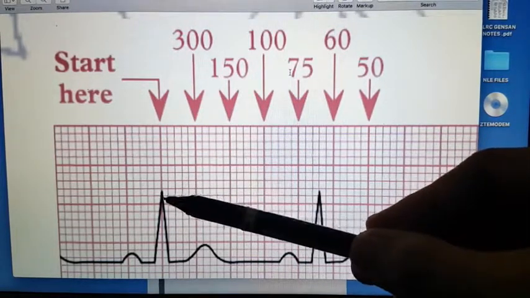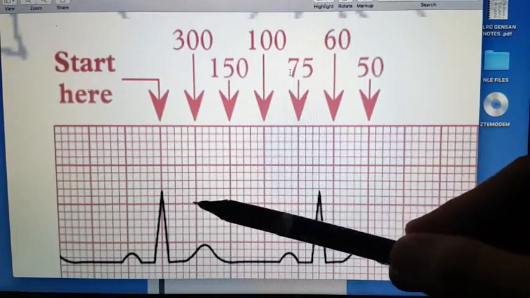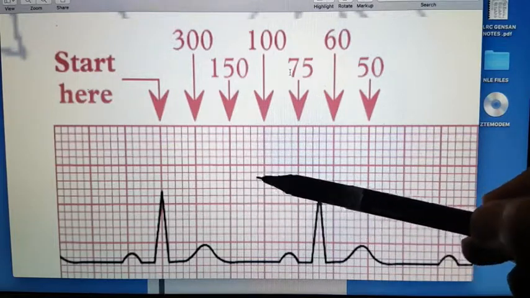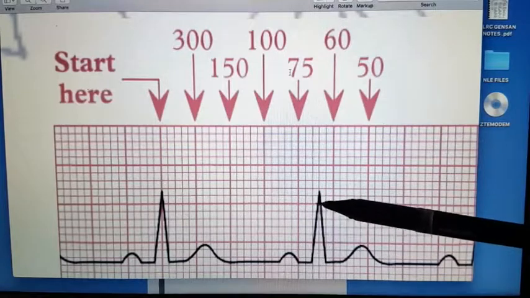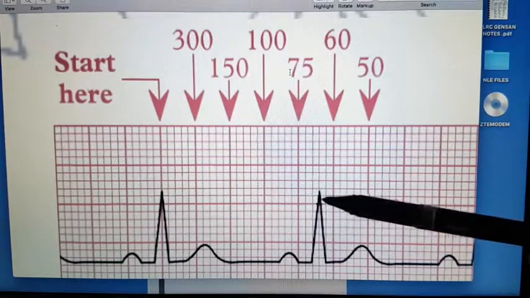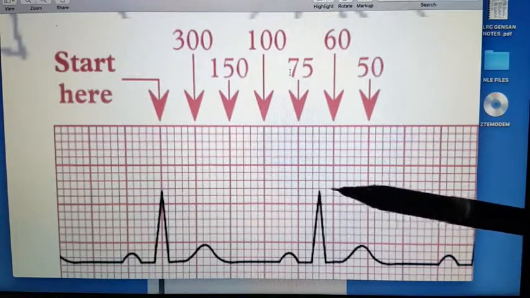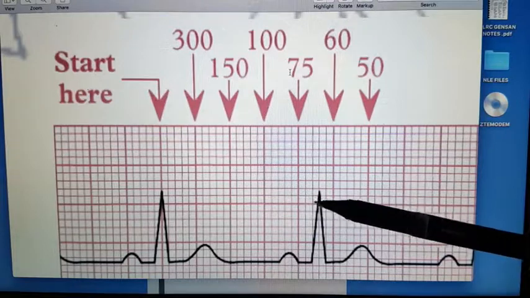Again, base. The next dark line, 300, 150, 100, 75, 60. Remember, the next R wave is caught in between 60 and 75. That is the heart rate of the patient. 60 to 75 beats per minute. So you have a specific range.